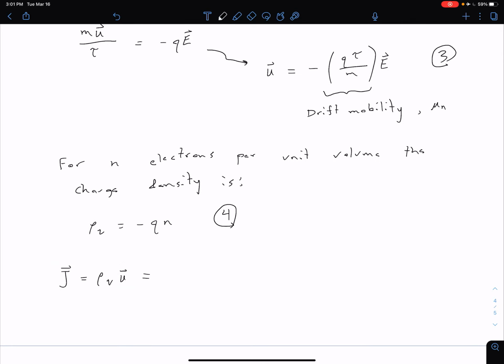Combining those two, we get N, the electron density, times Q squared times tau, the mean time between collisions, divided by the mass, all of that times our electric field. It turns out that this term in parentheses is our very special value of conductivity, sigma. So that is equal to sigma times E.